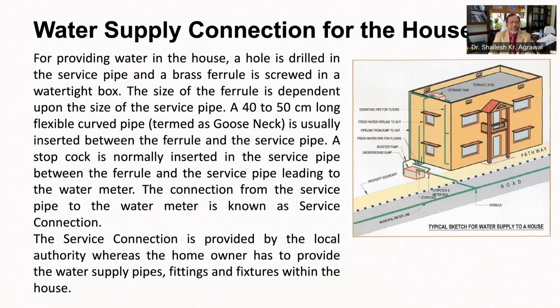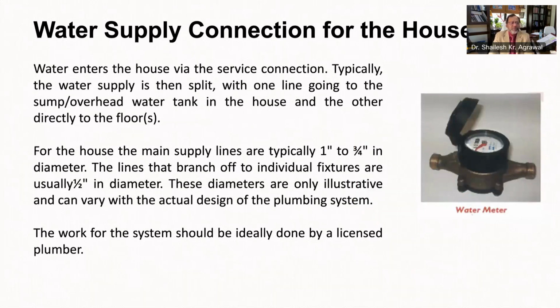The service connection is provided by the local authority, whereas the homeowner has to provide the water supply pipes, fittings, and fixtures within the house. When water enters the house via the service connection, typically the water supply is split, with one line going to the sump or overhead tank in the house and the other directly to the floors.